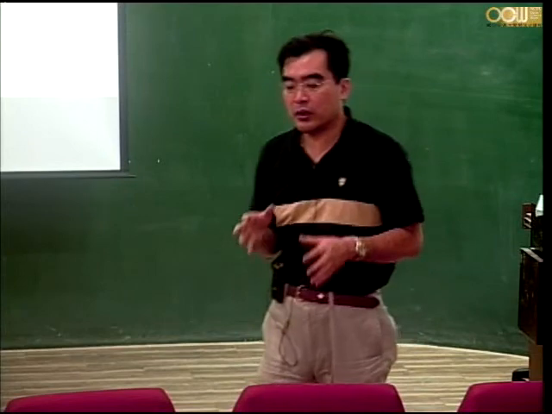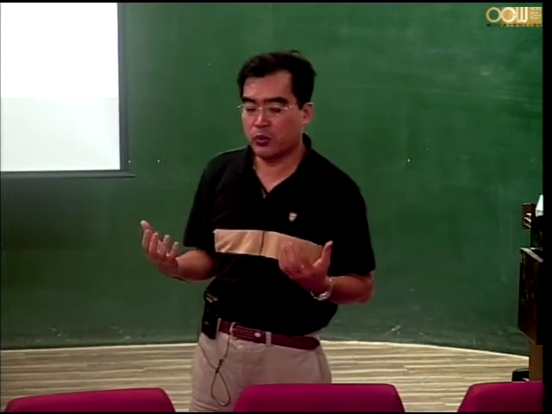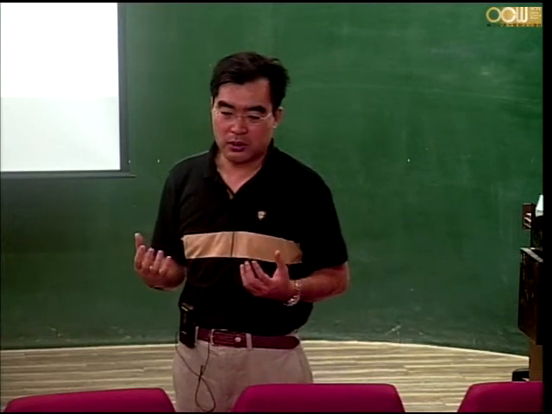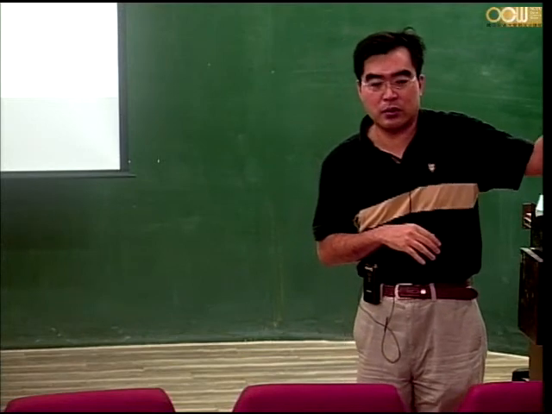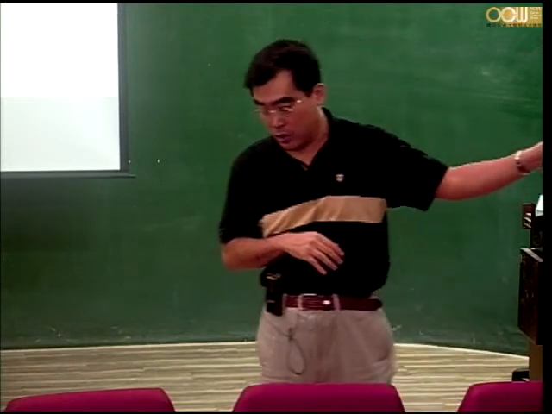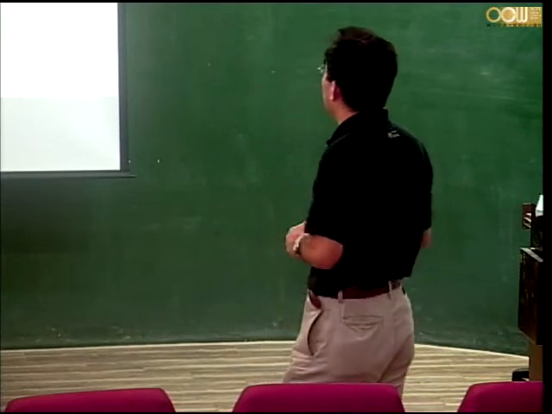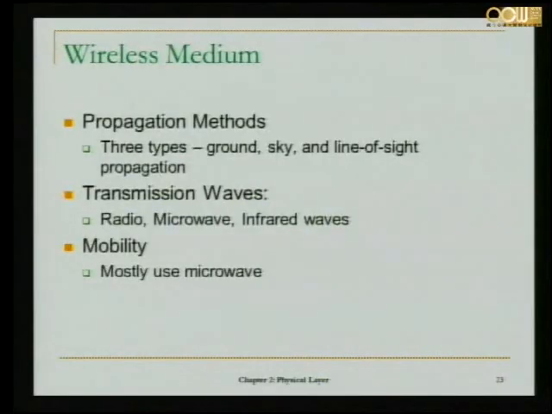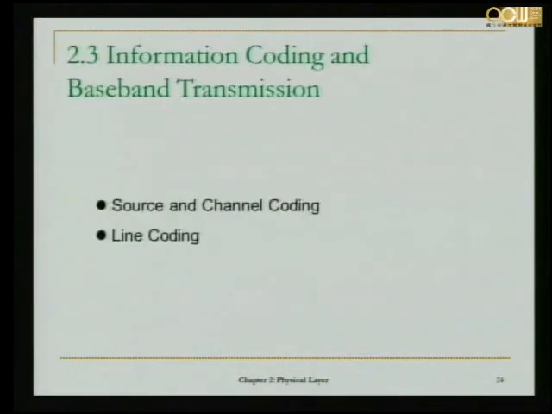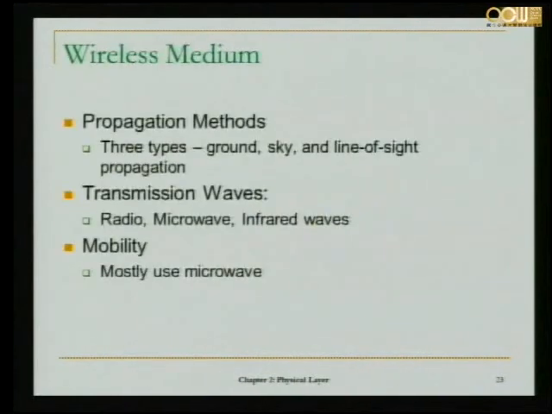Okay. So within that area, you get good enough bandwidth and bit rate, but still keep the mobility, which is good. We need that. But if you go to 10 gigahertz, you get high bandwidth, high bit rate, but you lose mobility. So that's the property of a wireless medium. If the bandwidth is high, then you need to rely on line of sight propagation. You can't do ground propagation or sky propagation anymore.